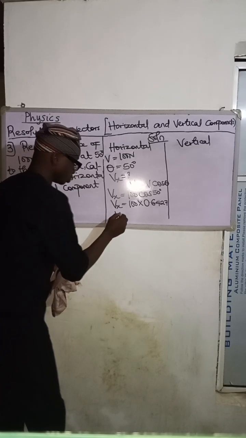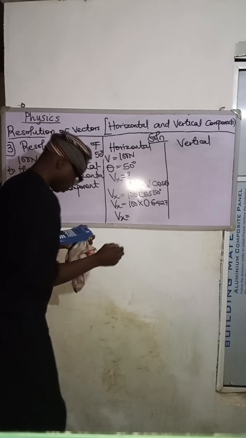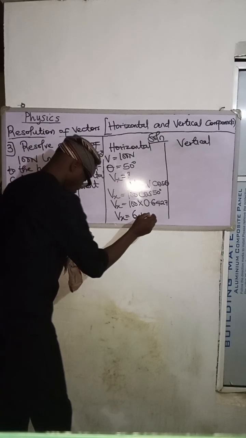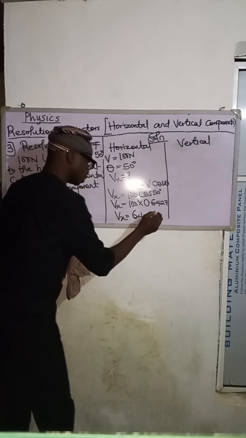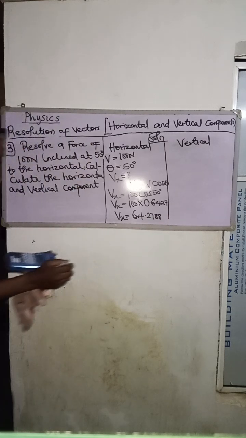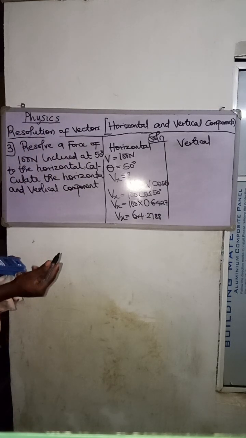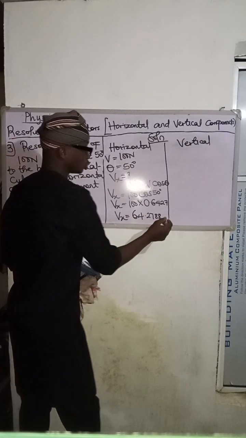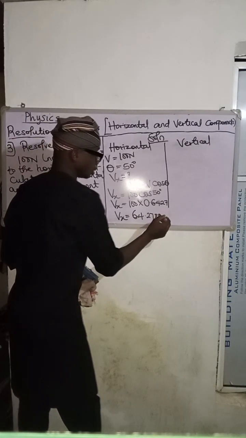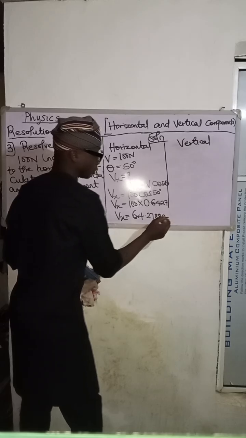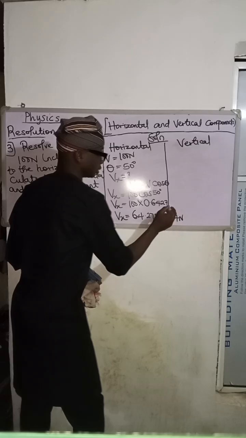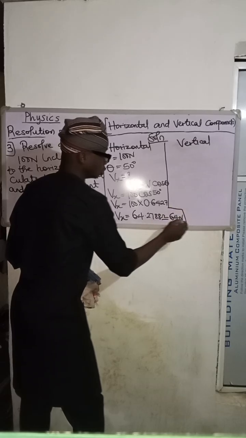So the horizontal component is equal to 64.2788. If we approximate it, we'll be having 64 Newton. This is for the horizontal component.